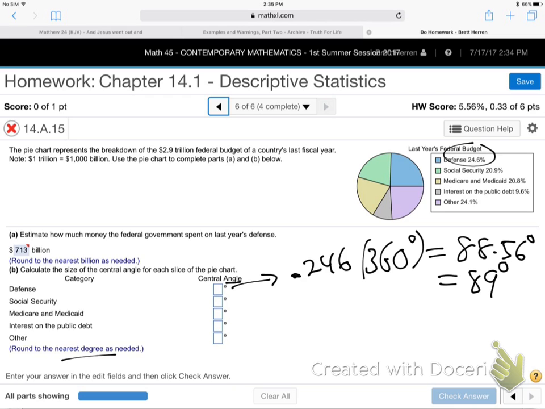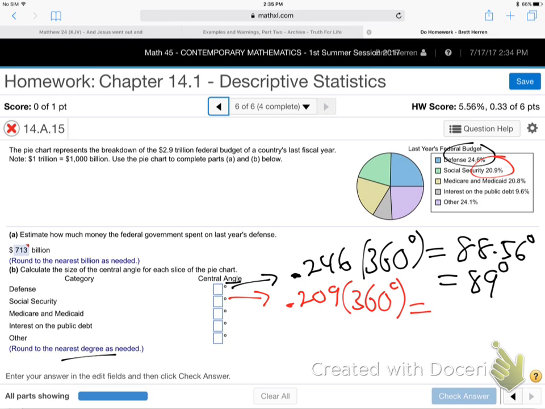So all the rest are the same. Just multiply their percentage, like for the next one, Social Security. Social Security was 20.9 percent, so I'll make it 0.209, and I just move the decimal back 2 places, times 360. It's 78, 79, 80, something like that. I think.